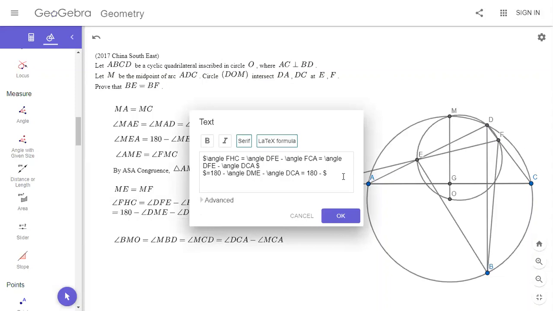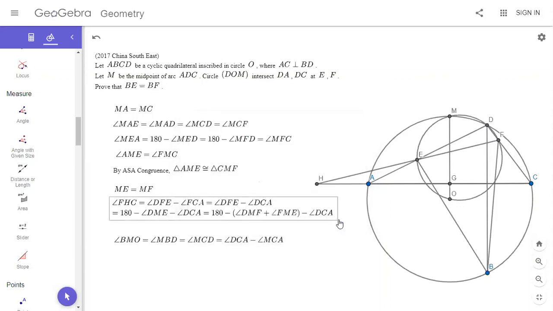So this is equal to 180 minus angle DMF plus angle FME, minus angle VCA. And then FME is equal to CMA.